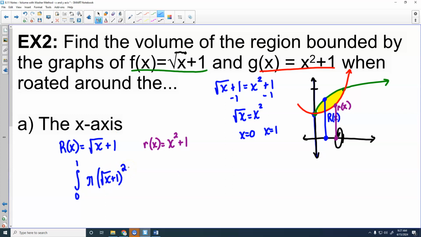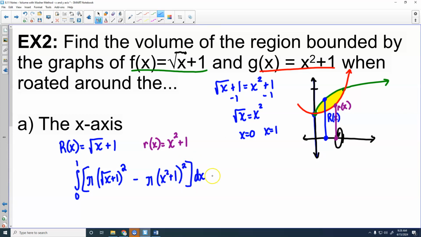Pi r squared, that's our formula there. Then I would subtract the inside radius in our area of a circle equation, so pi times x squared plus 1 squared. And I'd put a dx over here on the end.